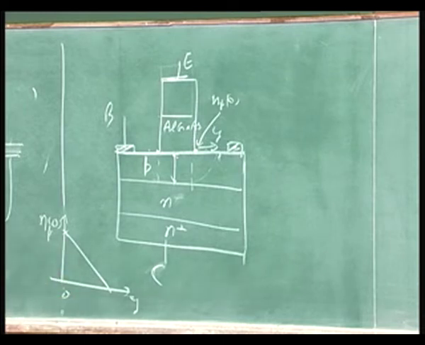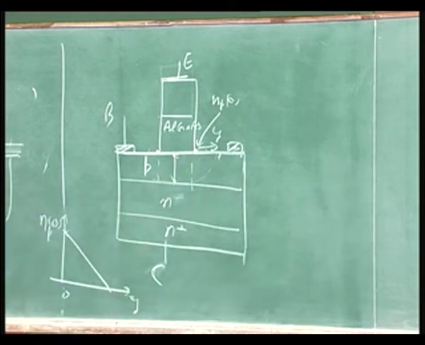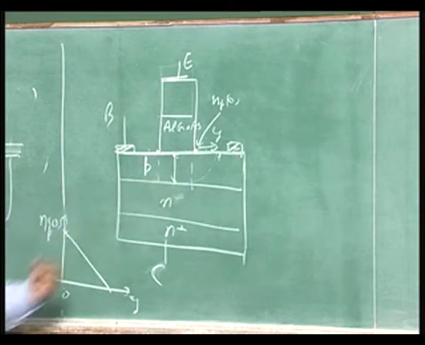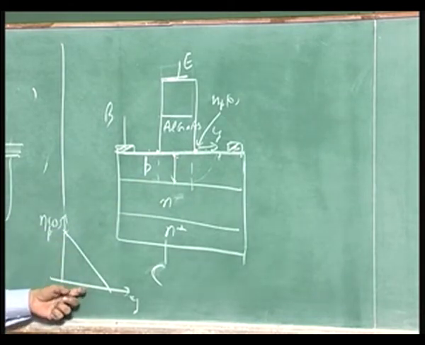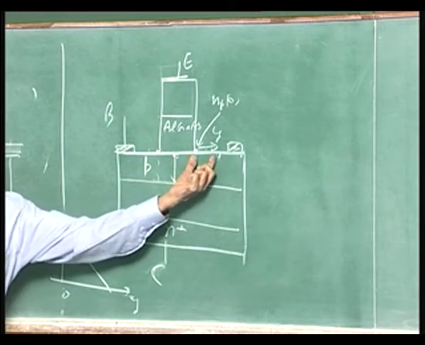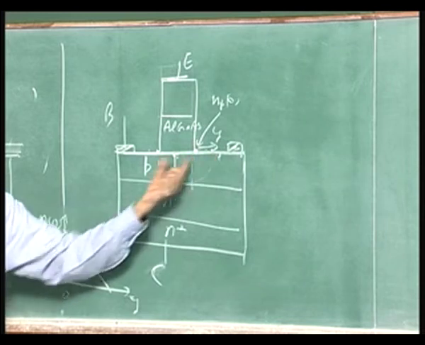So, that is why you can say the current due to recombination is equal to Q into S, that is the recombination velocity, into the average carrier concentration NP0 by 2, into that area. Area is actually corresponding to this width. How you take it will depend upon what the emitter shape is.